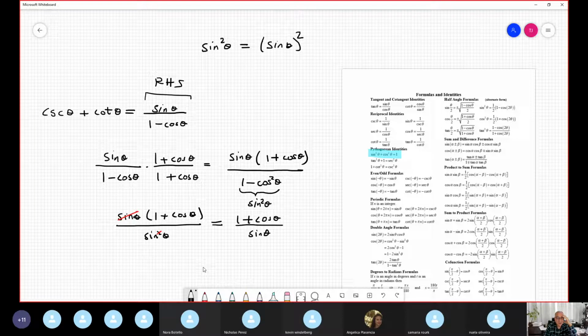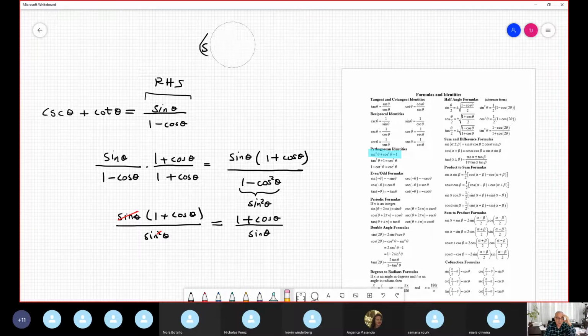This square is not applied to the argument, so this is completely different from sine of theta square. This power is applied to the entire trigonometric function. I suppose it's a shortcut. The exponent you put near the trigonometric function, but it's equivalent to this. Do you understand the idea?